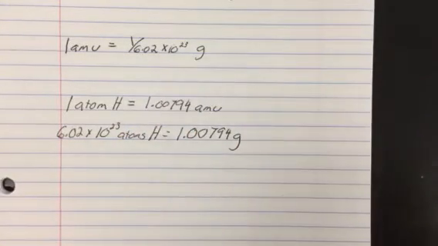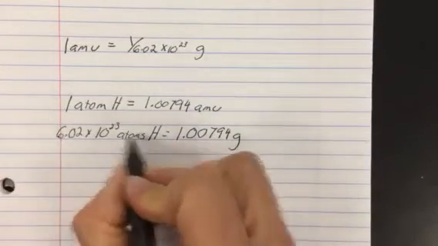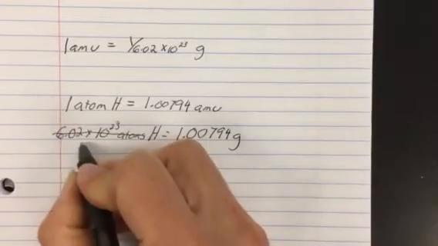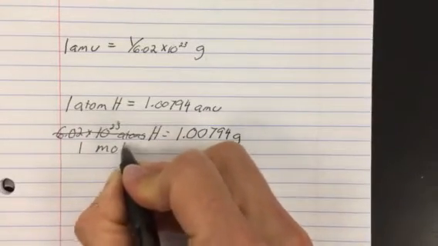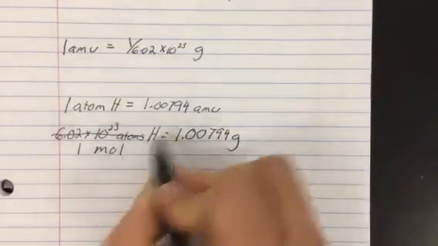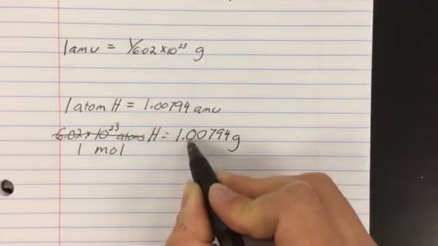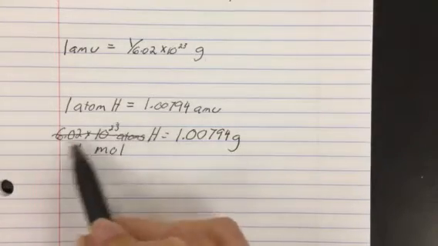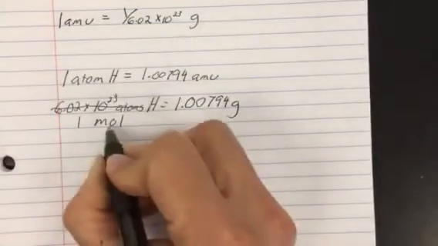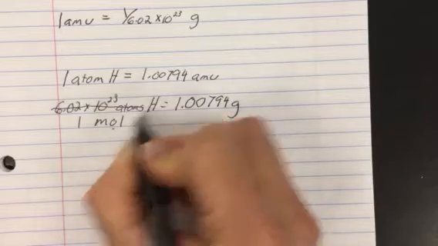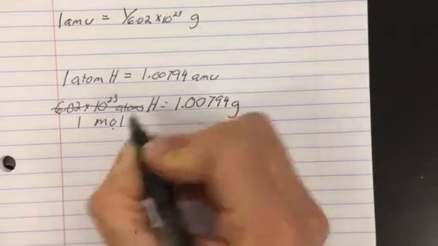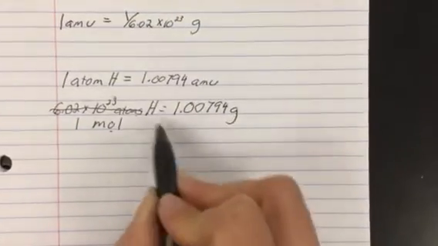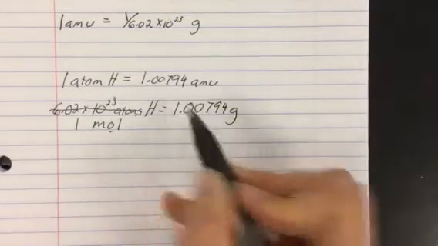Well, we know that 6.02 times 10 to the 23rd atoms is 1 mole. So I can say 1 mole of hydrogen has a mass of 1.00794 grams, and I never have to talk about how many atoms I have. I know that things are going to react in ratios of moles anyway, so I don't have to constantly go to and from the number of atoms as long as I understand that we're talking about a mole.